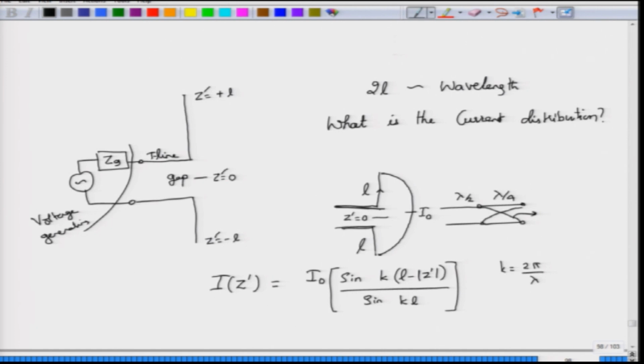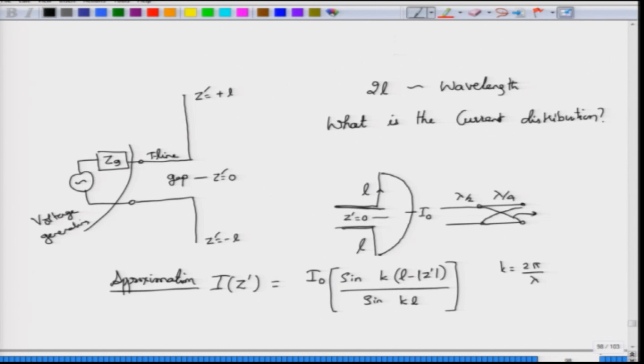But please understand that this is only an approximation, this is not the true current distribution. The true current distribution is a very complicated topic and there are no solutions for the exact current distribution. With this well approximated current distribution that we have assumed, we can now proceed to the next steps.